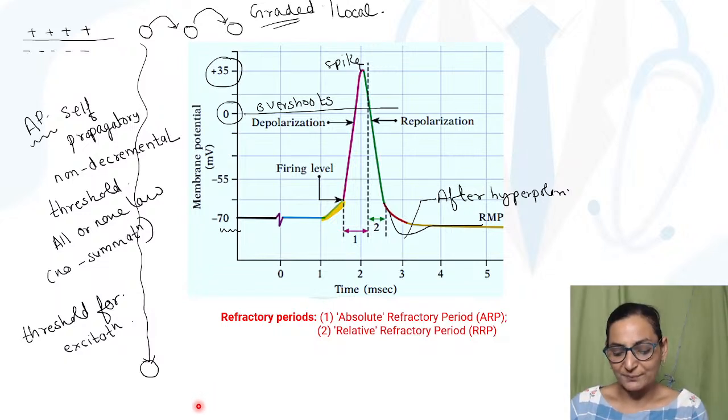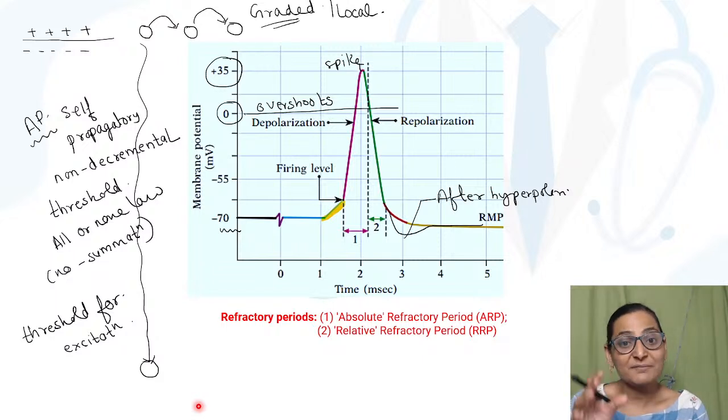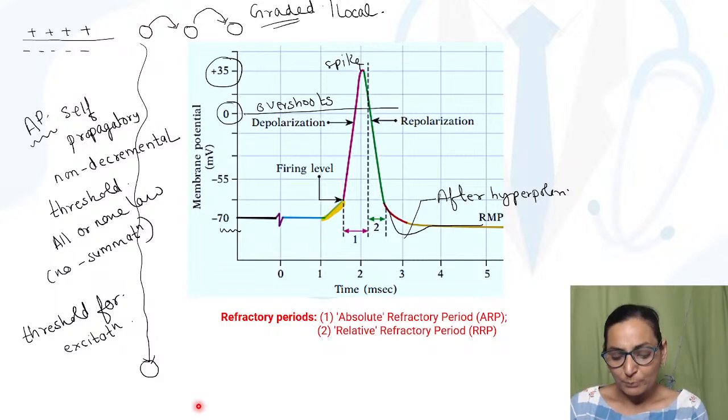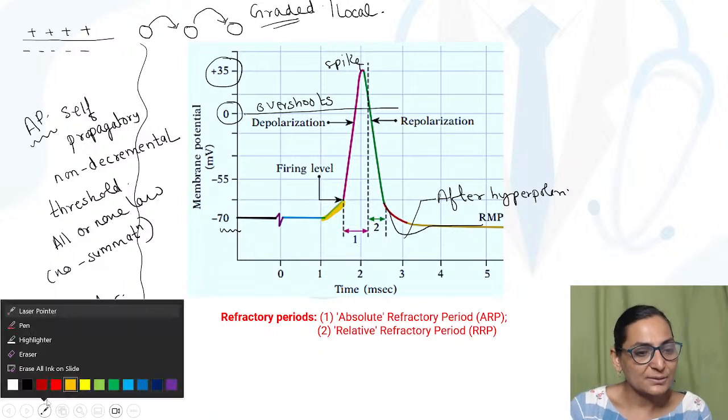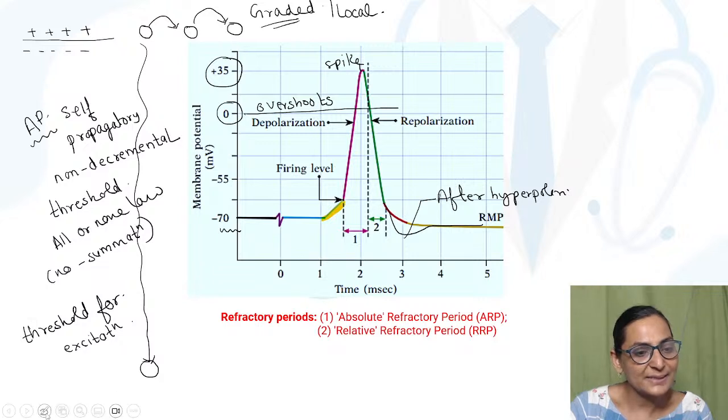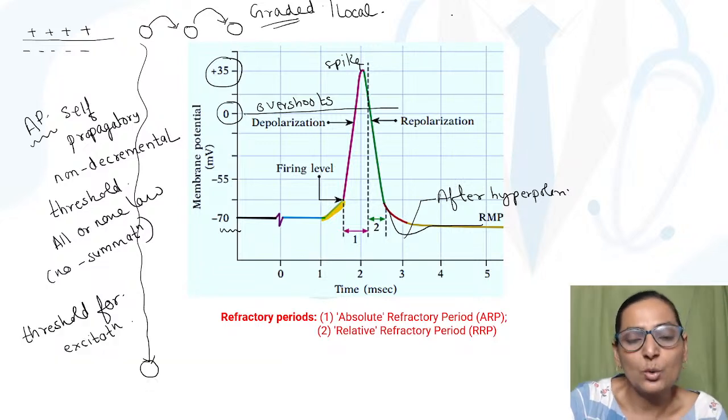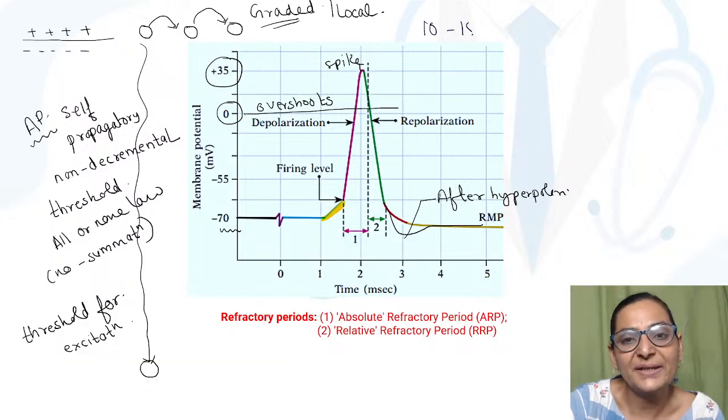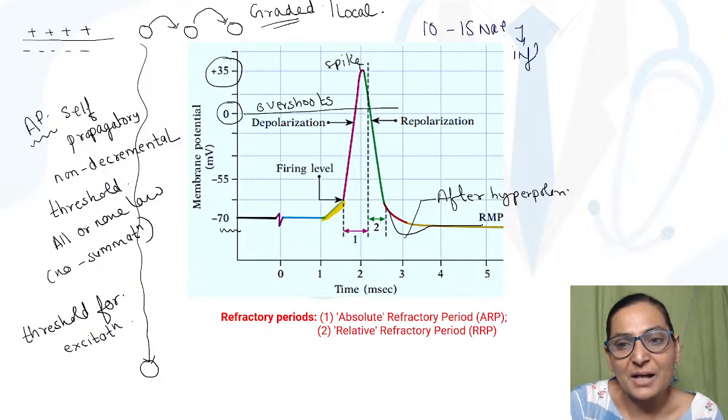What do you mean by that now? Once you give the threshold stimulus, there will be opening of a few sodium channels. Say there is opening of 10 or 15 sodium channels, and this is going to result in influx of sodium.